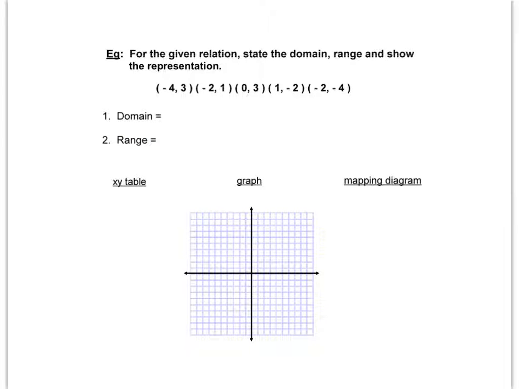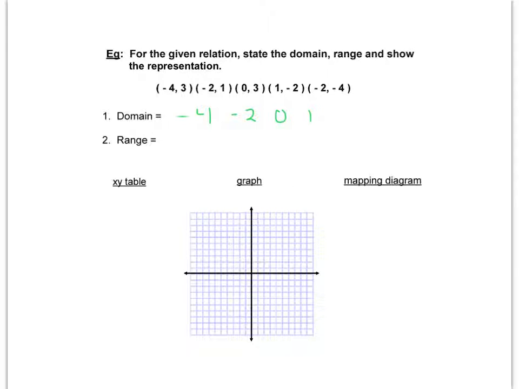Okay, as we look at this set of 5 ordered pairs, this is a relation. It may or may not be a function. Let's see. But we're going to state the domain, the range, and show the representations with a table, a graph, and a mapping. We don't know the equation yet, but let's figure out the domain. The domain is going to be all the x's, so that's going to be neg 4, neg 2, 0, 1.